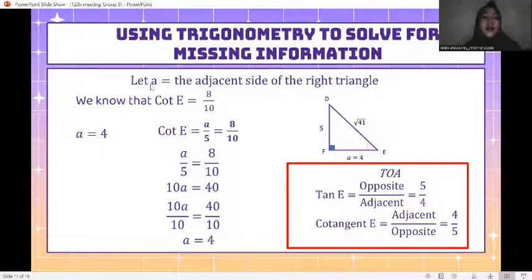So let A equal the adjacent side of the right triangle. We know that cotangent equals 8 divided by 10.